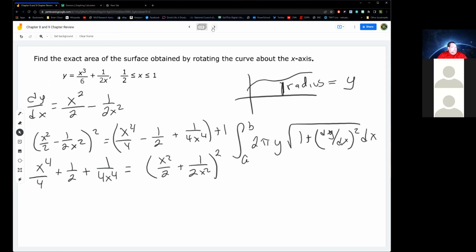So my square root is going to basically cancel that part out. My integral is from 1/2 to 1. We'll pull out the 2 pi. I have x cubed over 6 plus 1 over 2x times x squared over 2 plus 1 over 2x squared.